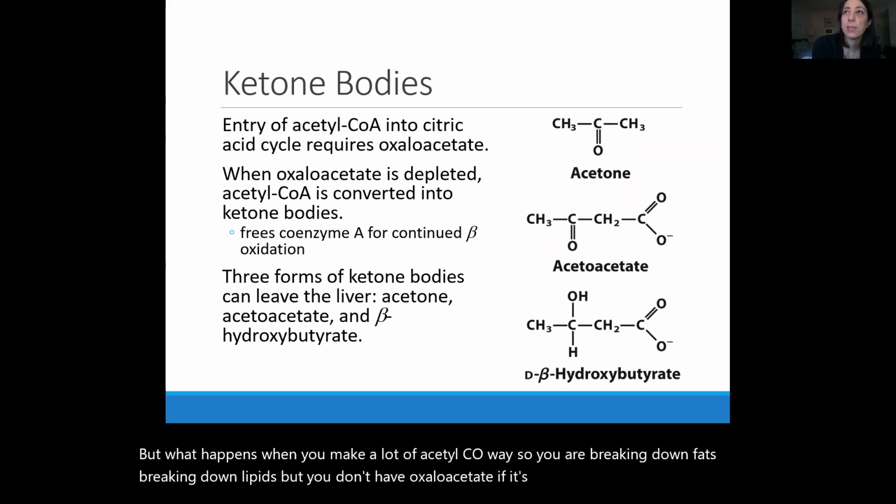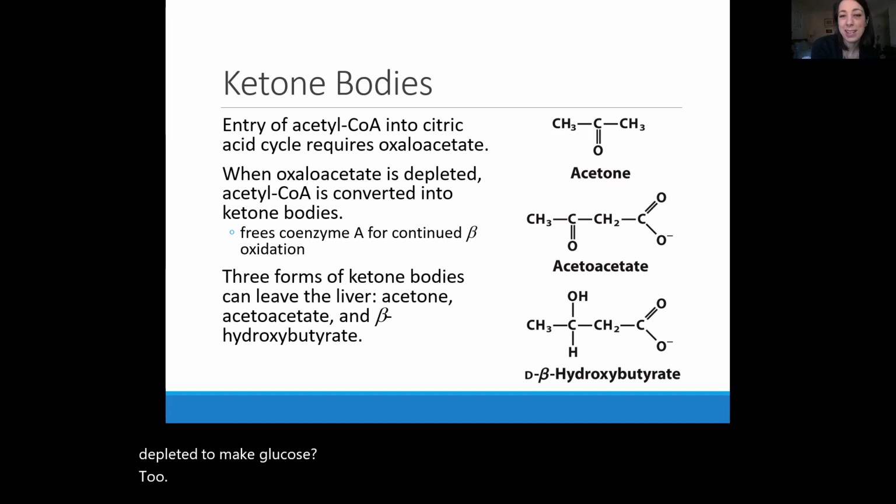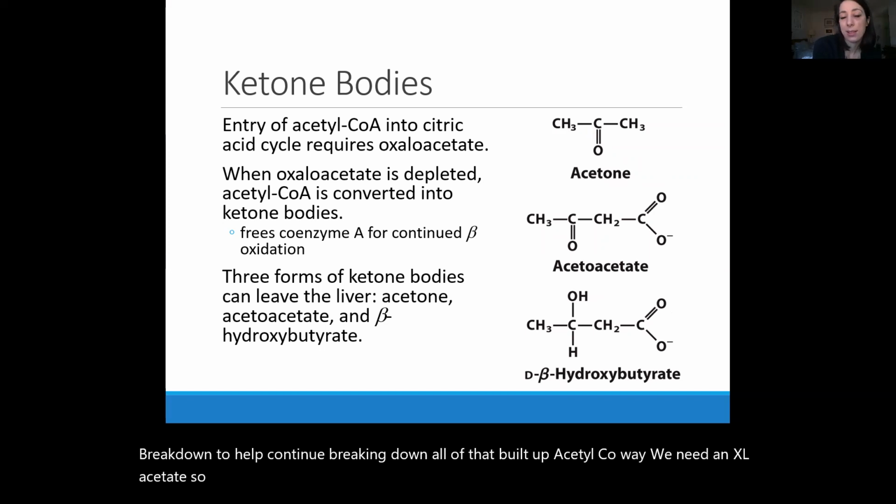For example, if it's depleted to make glucose. Well, to help continue breaking down all of that built up acetyl-CoA, we need oxaloacetate so that all of the acetyl-CoA that's building up from lipid breakdown can go into the citric acid cycle.